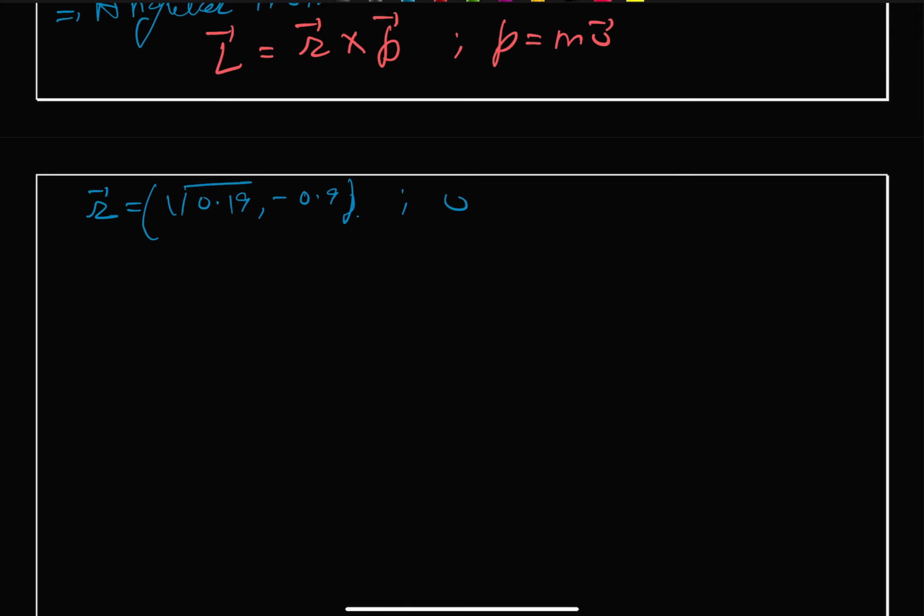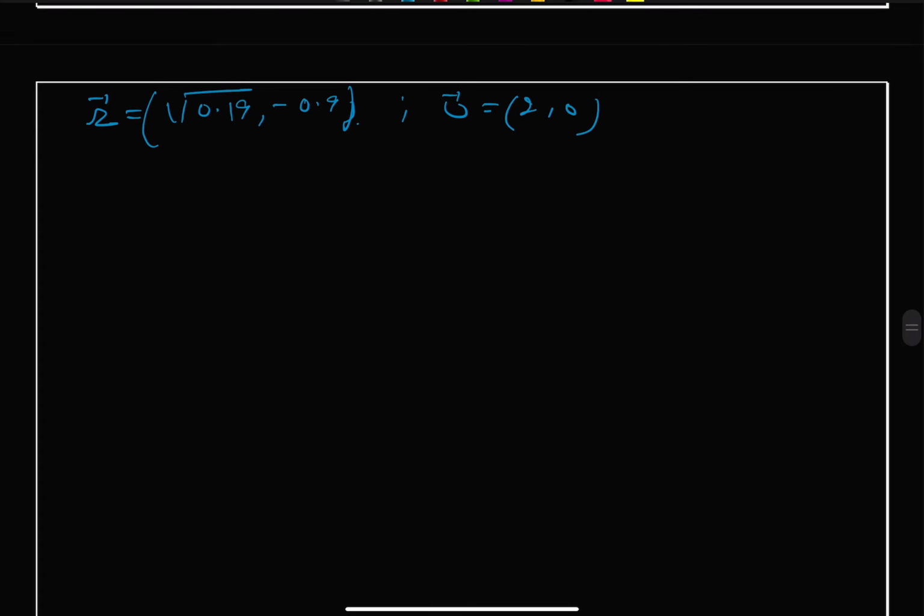And our velocity is 2, 0. Therefore, our momentum P will be equal to mass times velocity: 0.1 times 2, 0. This gives us 0.2, 0.